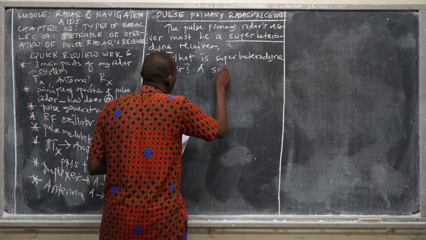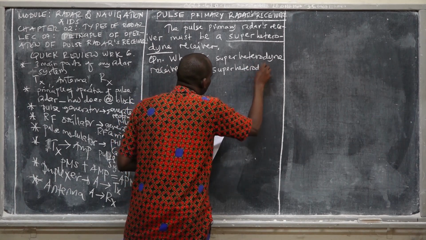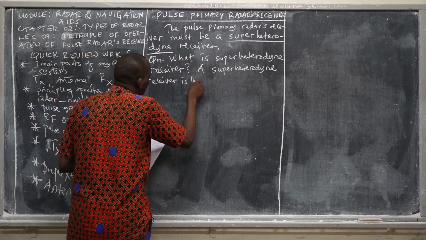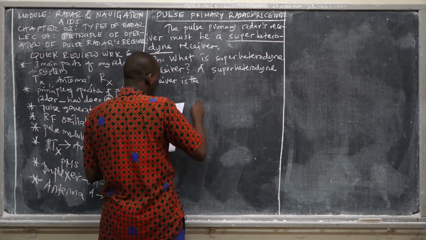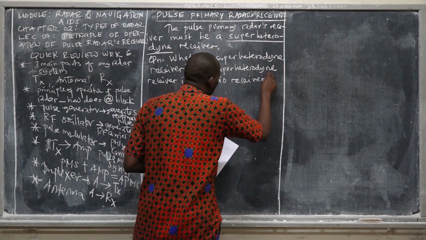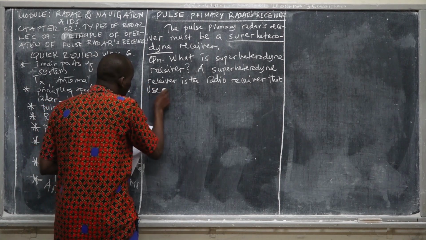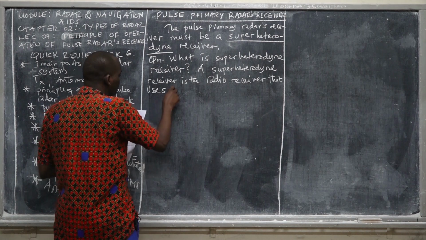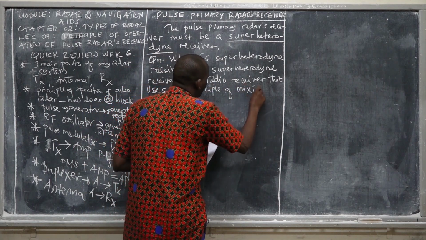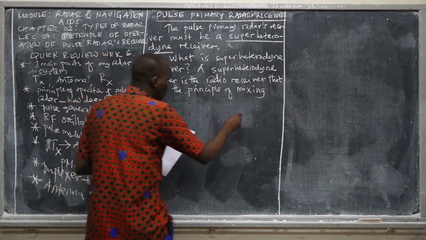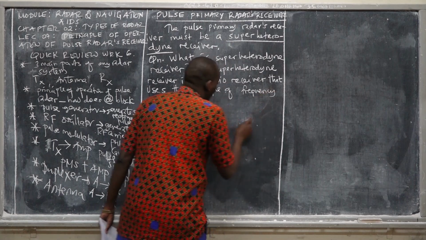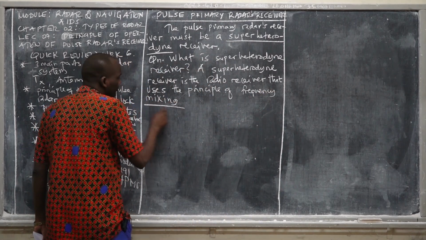A superheterodyne receiver is a radio receiver that uses the principle of frequency mixing. Say frequency mixing.